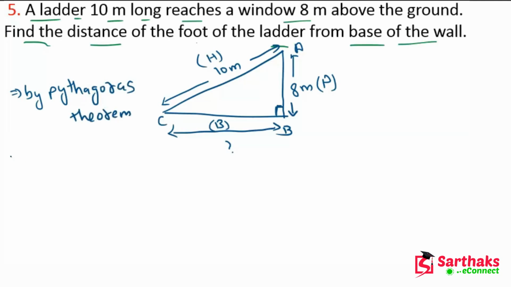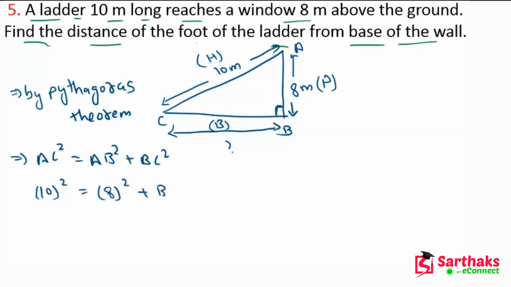we can write AC square is equal to AB square plus BC square. We know the value of AC is 10, so 10 square is equal to 8 square plus BC square. So BC square is 100 minus 64, which is 36.